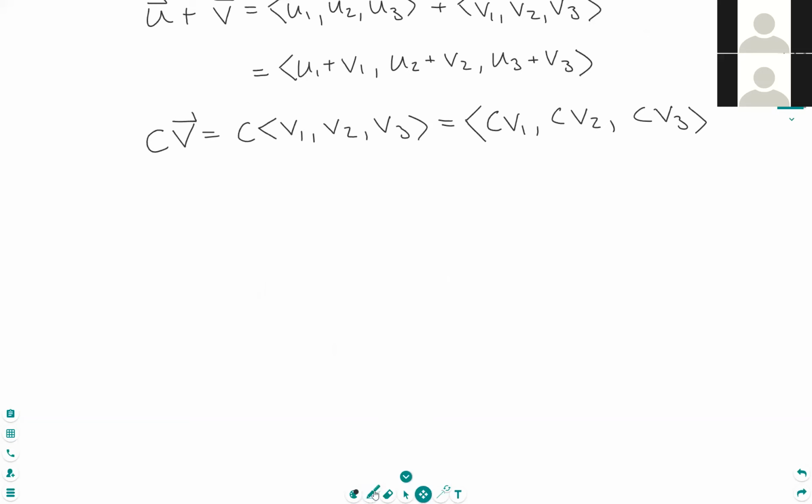Another characteristic that we need to be able to calculate and keep track of is magnitude, because I've said that vectors have direction and magnitude. Well, how do we calculate this magnitude?